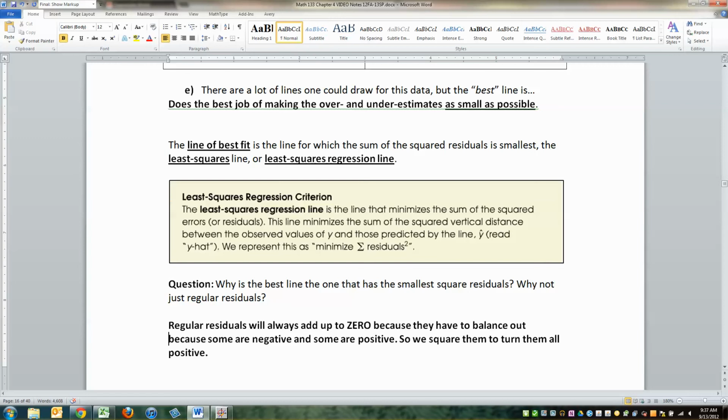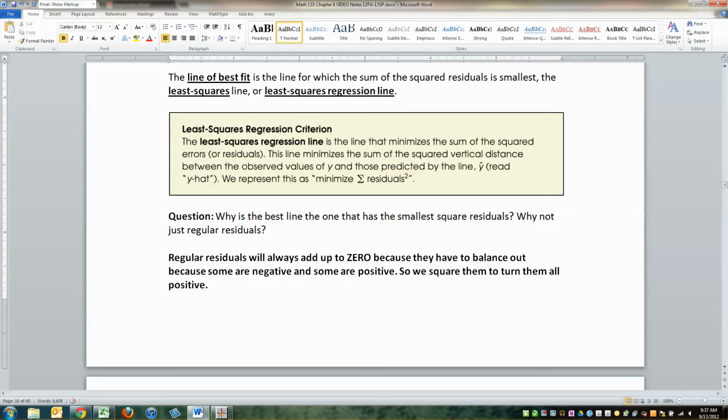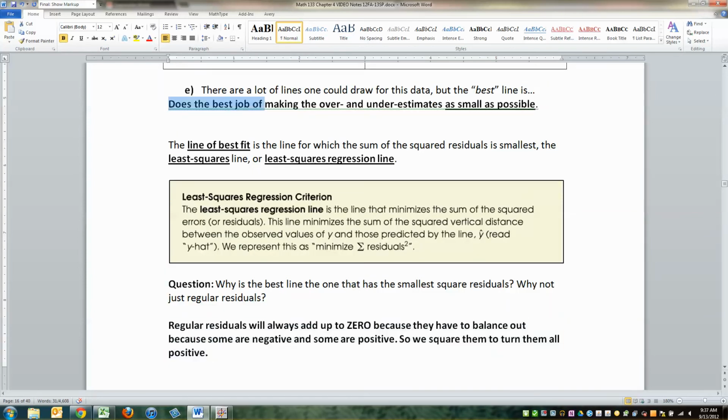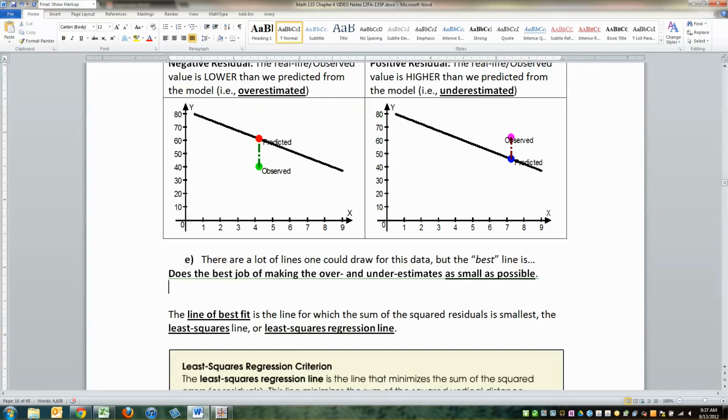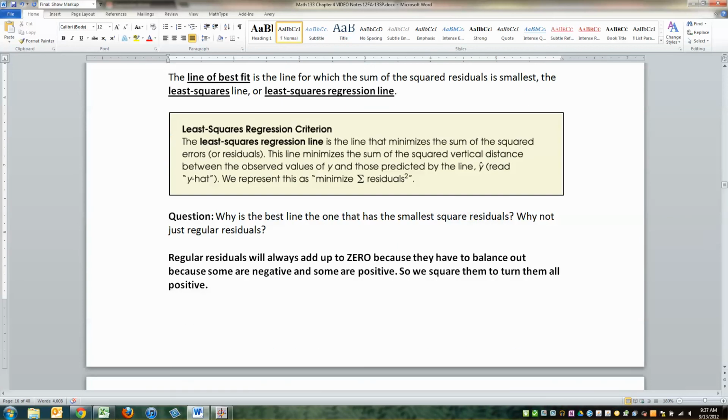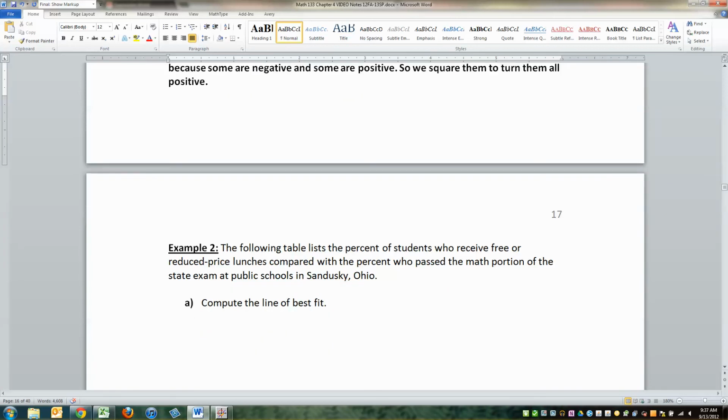Because there's only one line that's the best line, and that's what the least squares regression line is, and that's what your computer will find for you in both Excel and StatCrunch. Okay, but it's dealing with the squared residuals, that's why it's called least squares, right? But it's going to make them small. And that's important because you don't want a ton of error. The best line will be the line that doesn't have a lot of error.